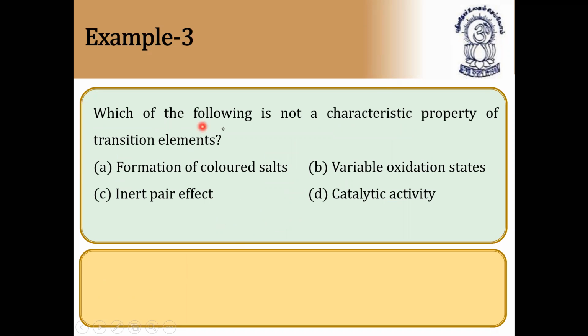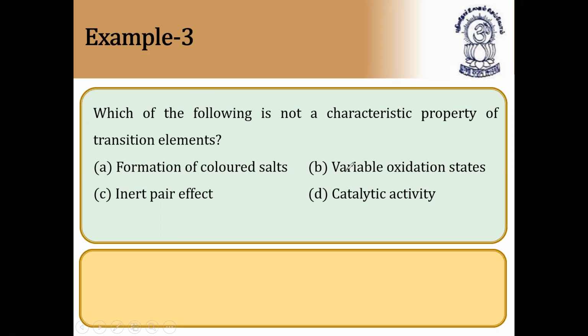Which of the following is not a characteristic property of transition elements? The options given are formation of colored salts, variable oxidation states, inert pair effect, and catalytic activity. Since we already know many transition elements are used as catalysts, option D is a characteristic property.